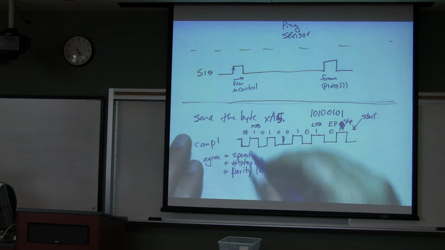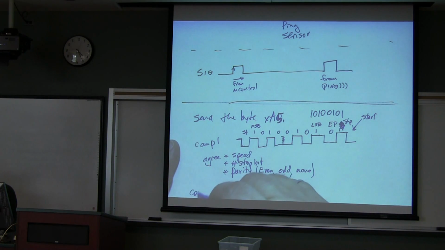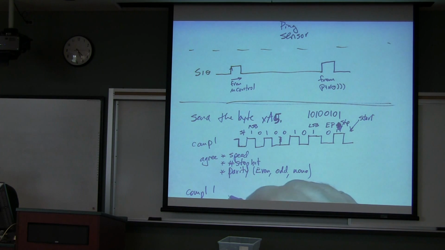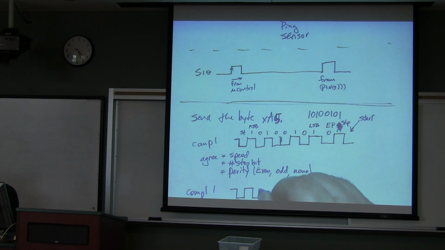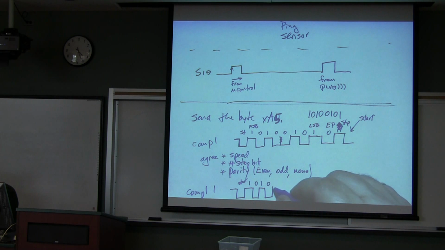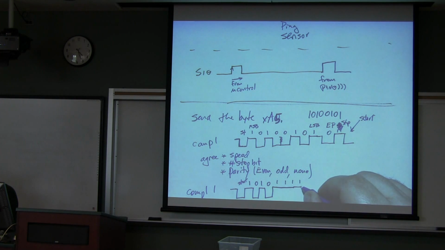So if this is what I sent, let's say I have an error. Something happens to the line, and I garble some of my bits. So I do my start bit. I do 1, 0, 1. And then, for some reason, I garble and everything is stuck at 1.